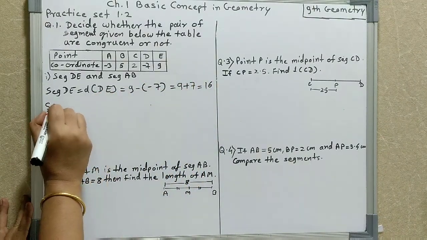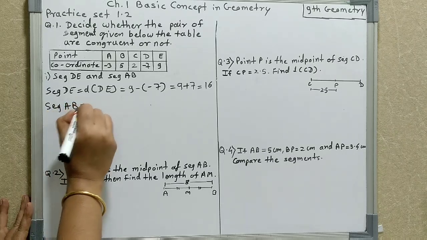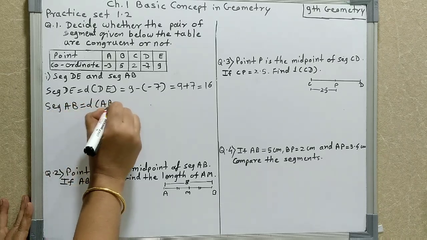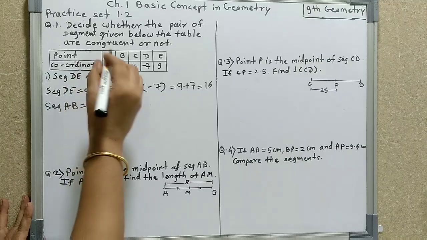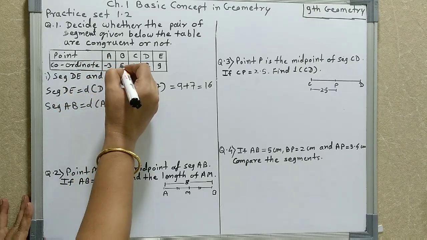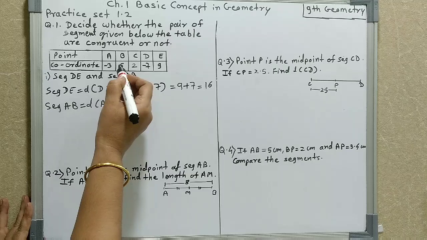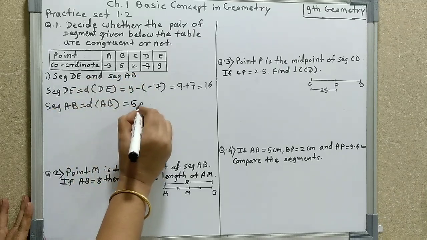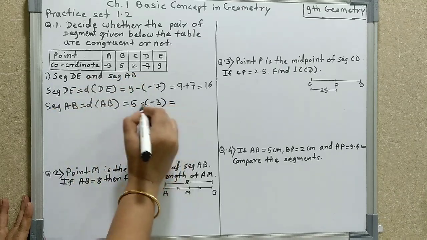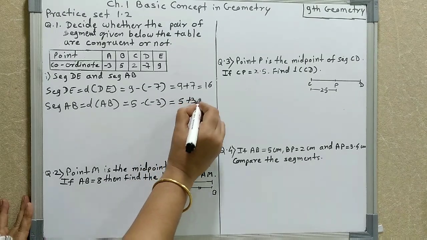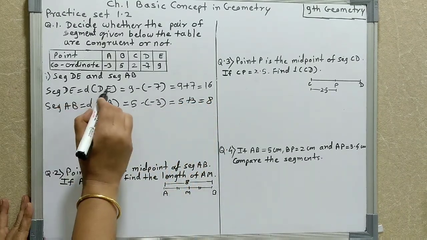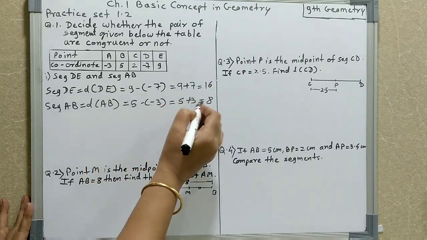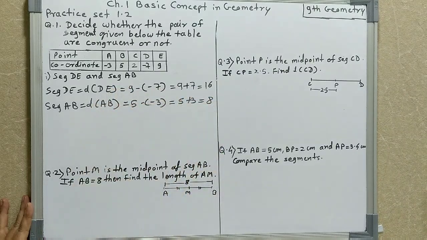Now we find the next segment AB. So distance AB is equal to, what is the coordinate of A? -3, and coordinate of B is 5. So which one is greater? 5 is greater. So 5 minus -3, minus minus plus, so 5 plus 3 is equal to 8. See, the distance DE is 16 and distance AB is 8. This is not equal.